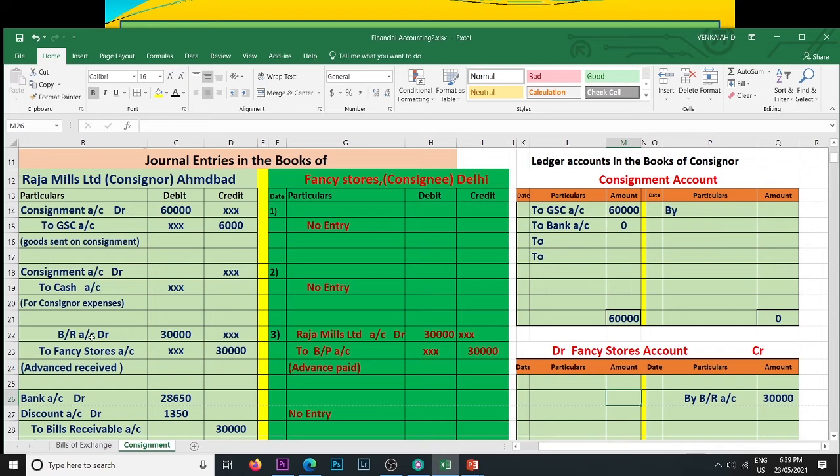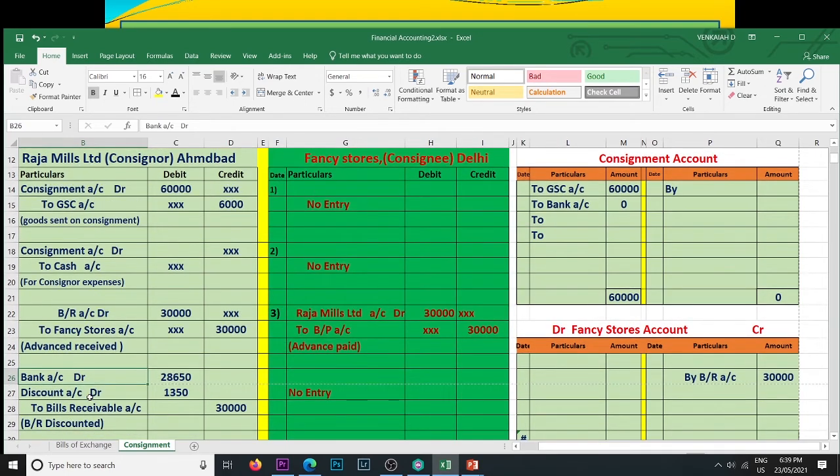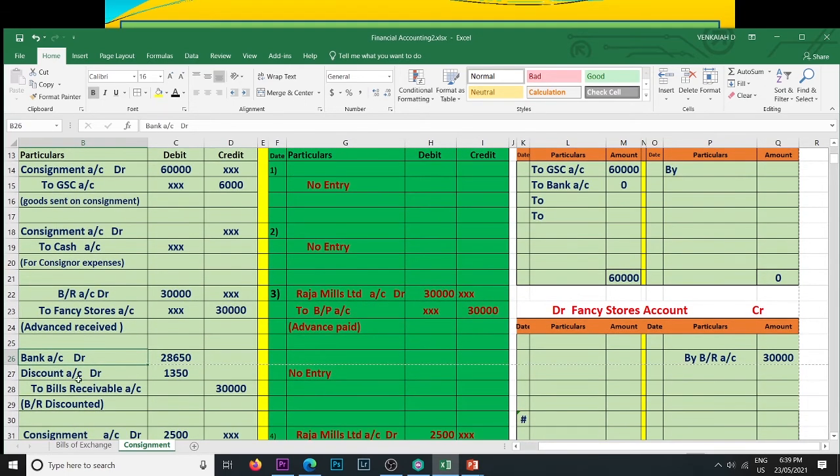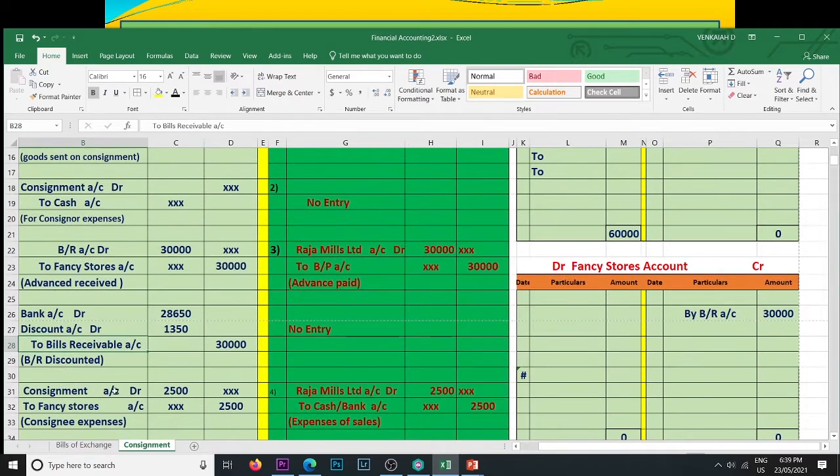Right. So we don't have a bills receivable account. That's why no need to worry. Discount also is not to be posted, as none of these 3 accounts are represented. Next to sales, consignment account debit to consignee expenses. Consignment account debit to Fancy Stores account.